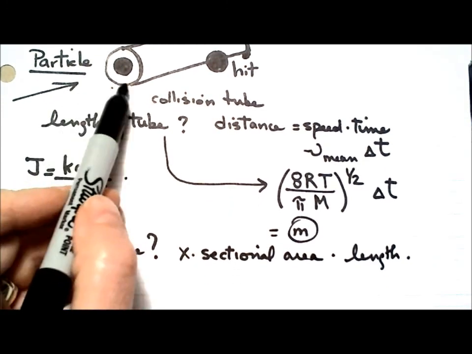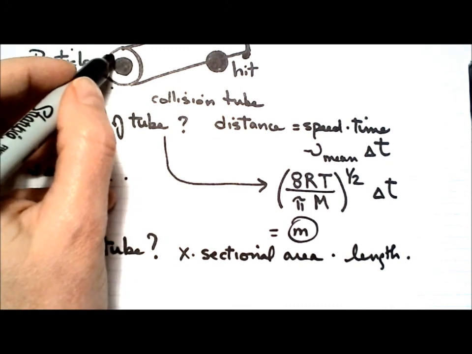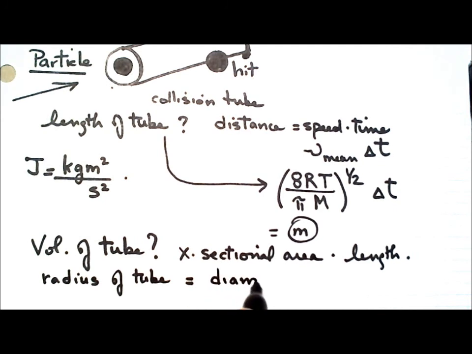Not too far, I still want to keep this in view. So the radius of the tube, I'll write it down here, is equal to the diameter of the particle. The radius of the tube is the diameter of the particle.